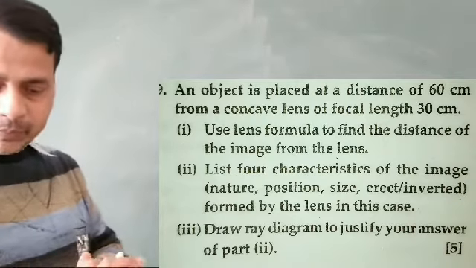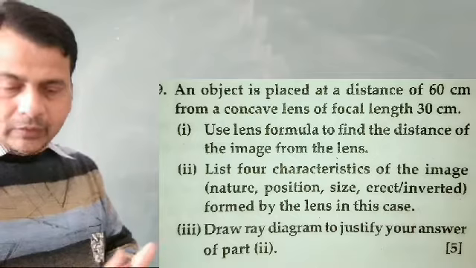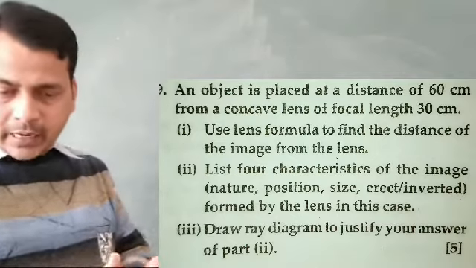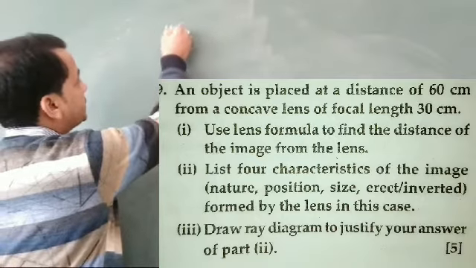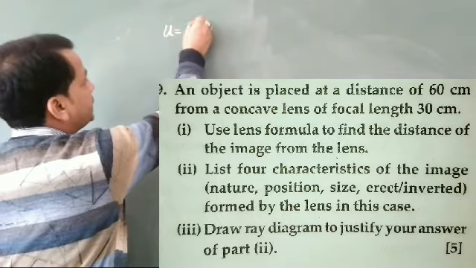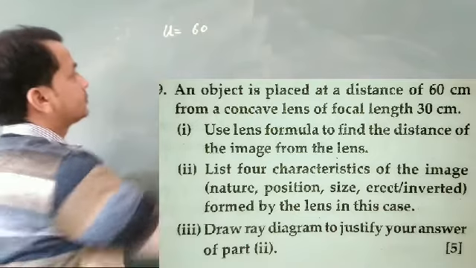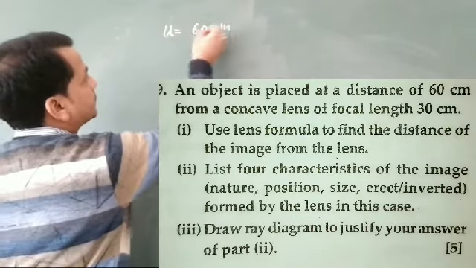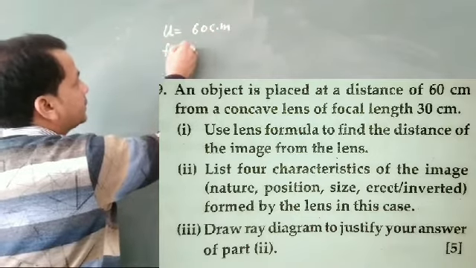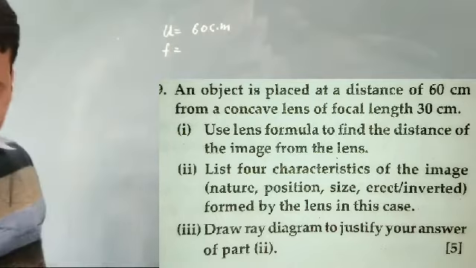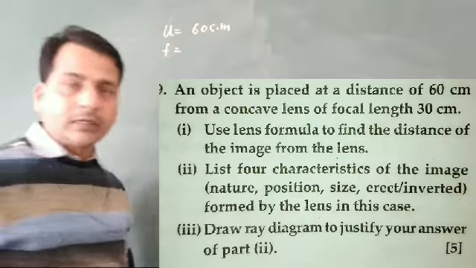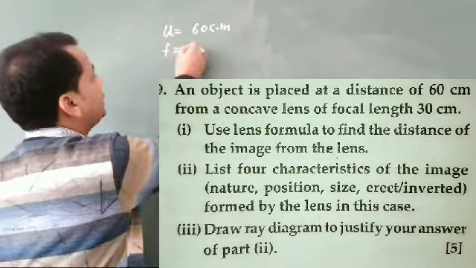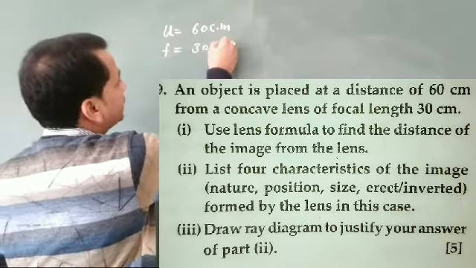So here the focal length and the object distance are given. The object distance is 60 cm and the focal length is 30 cm.